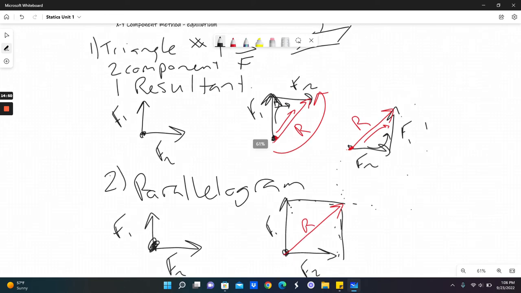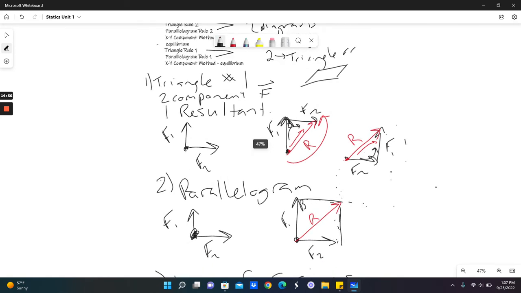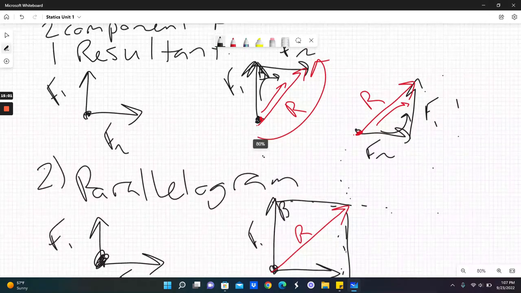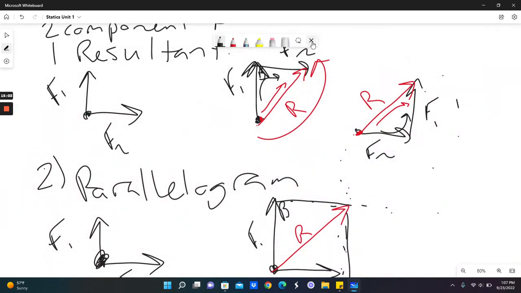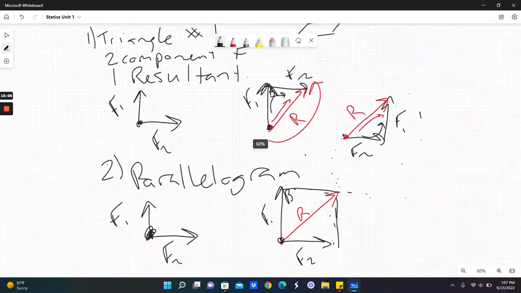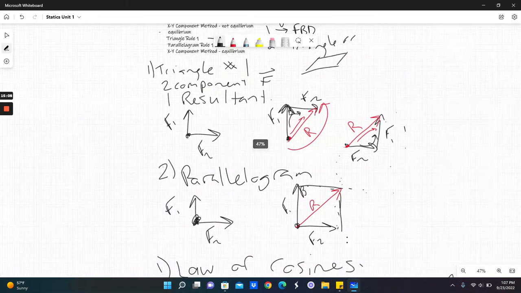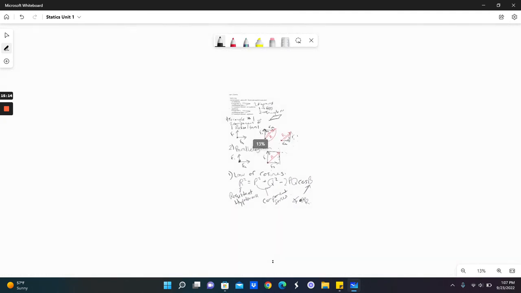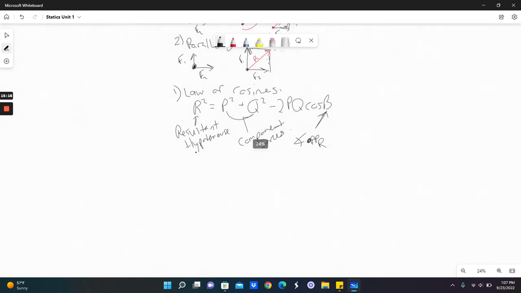In these specific cases, since it is a right triangle, cosine of beta would end up being 0, and the term would fall out. But assuming beta is not 90 degrees, we're going to have a different value for that, and it's going to change our value for R.